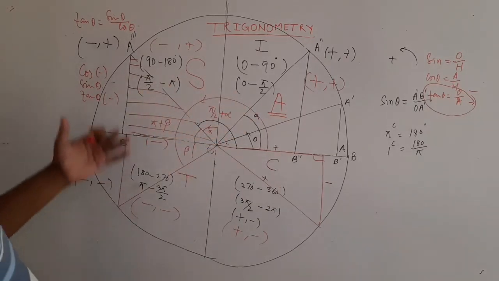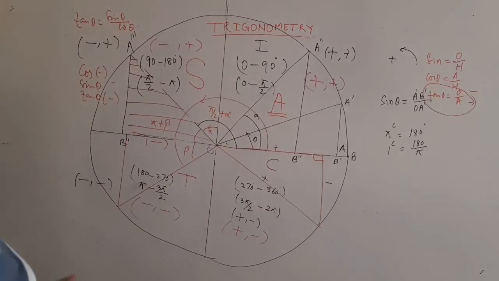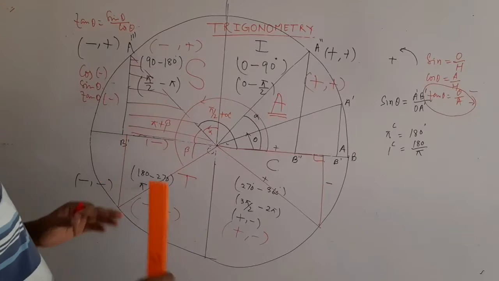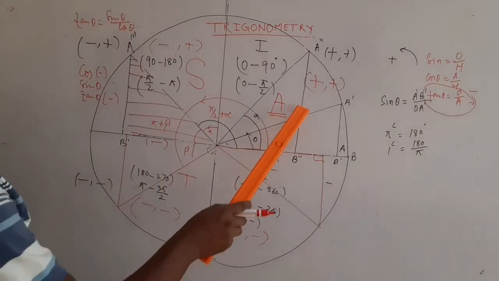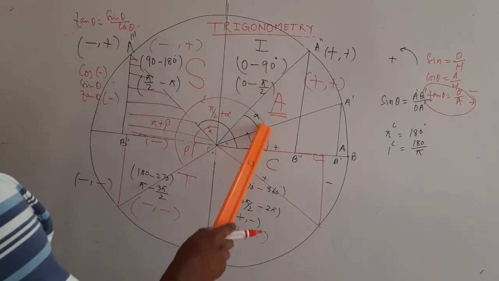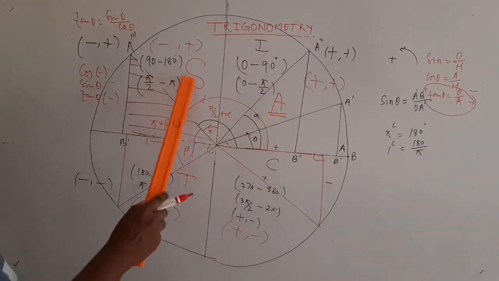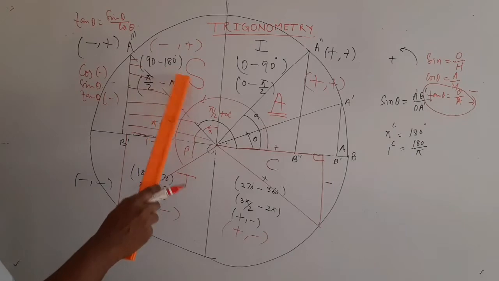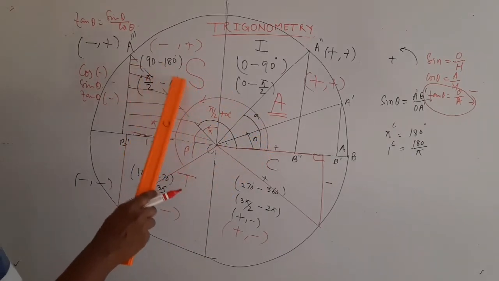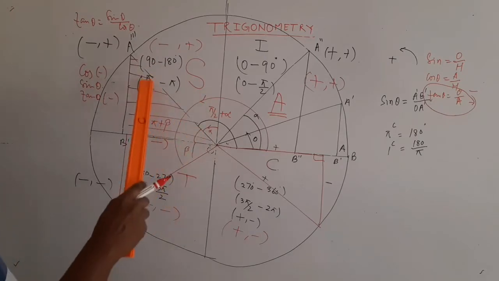And now I need to clear this mess, and then I'll introduce it again in a different way, where we will be saying that the t ratios are positive in the first quadrant. Means for the angle 0 to 90 degrees, all the t ratios are positive. For the angle 90 degrees to 180 degrees, only sine is positive along with cosec, which is its inverse ratio, and all others are negative.